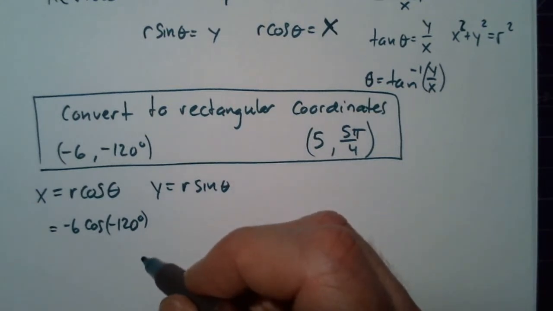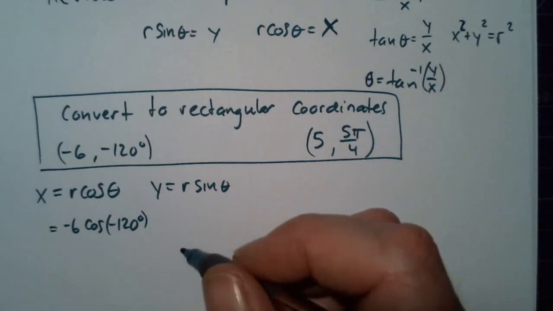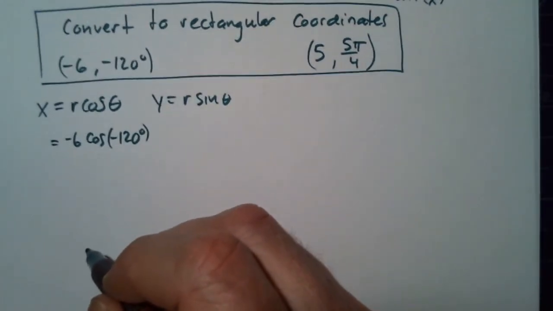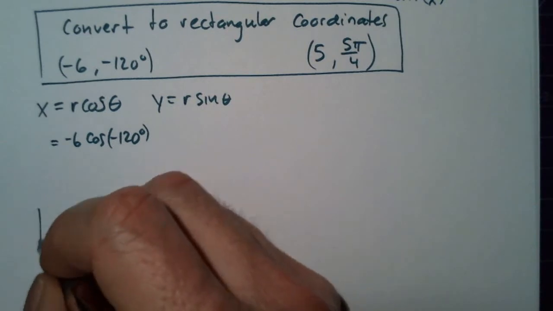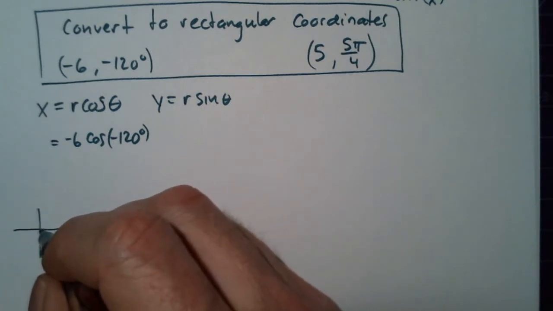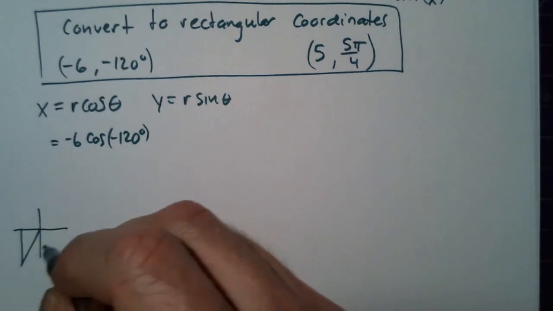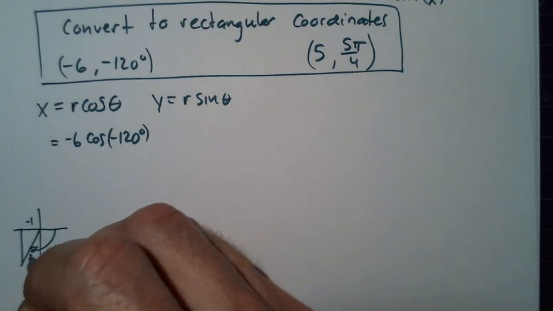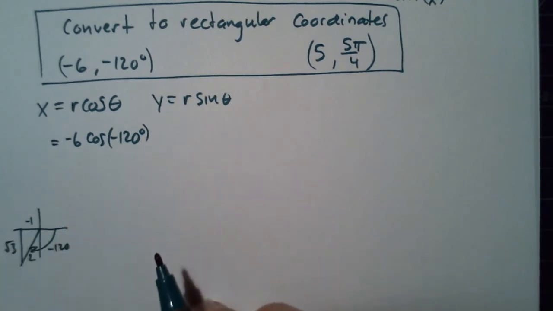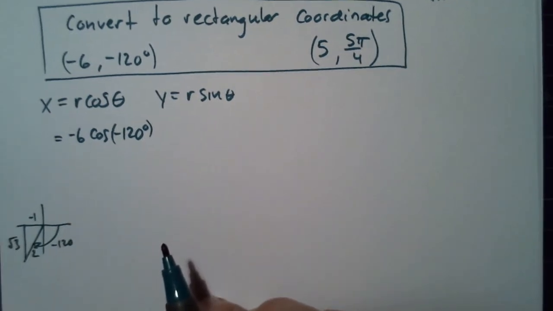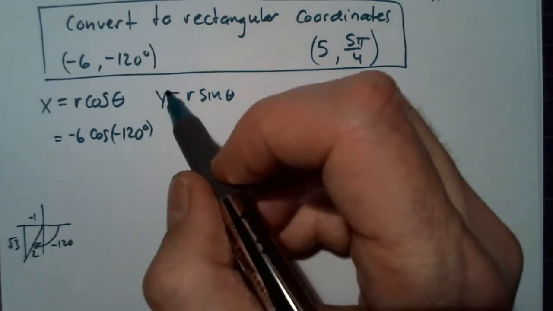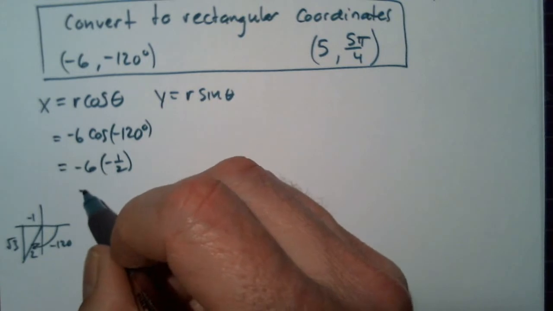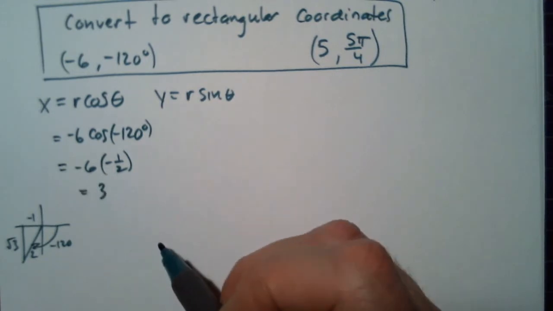Cosine of negative 120, looking down here, we are going to go there, that's negative 120. We have a special triangle, and the cosine is negative 1 over 2, and that equals 3.